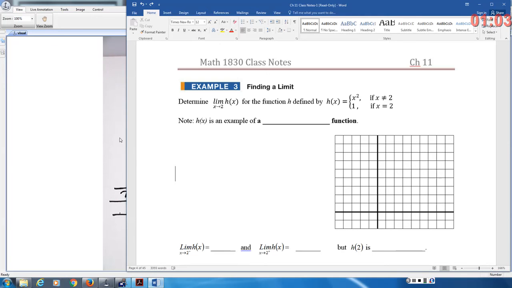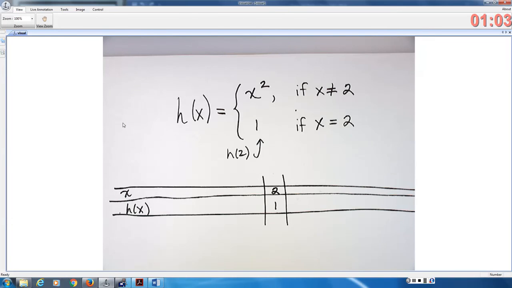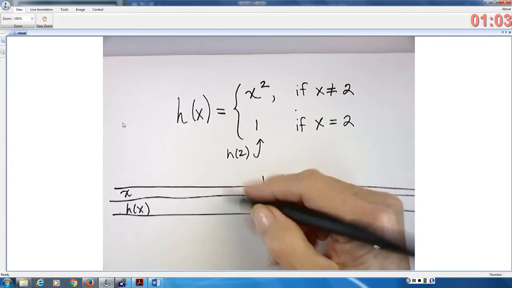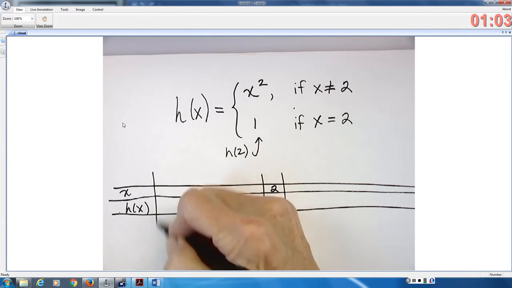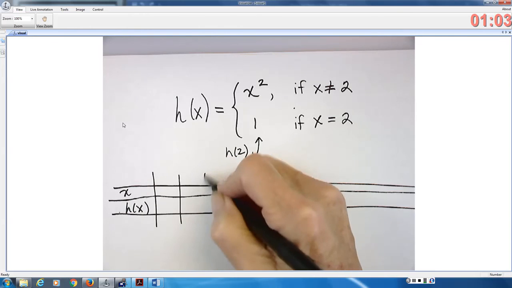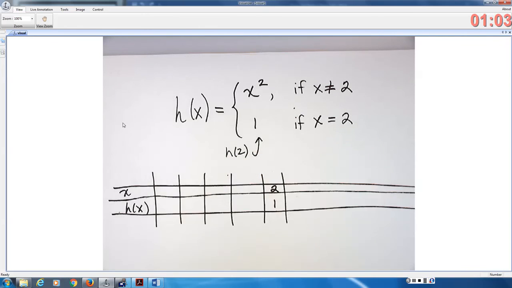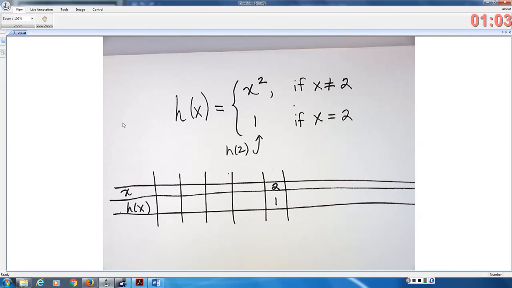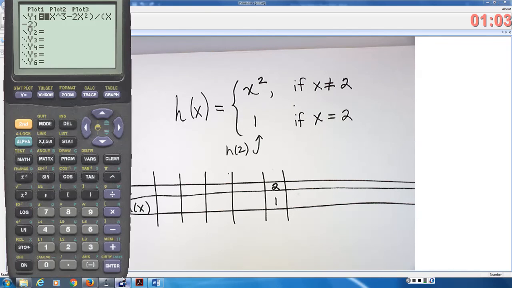Okay? So what happens as I take x and I get closer and closer and closer to 2? Well, it's exactly the same thing that happened on the calculator before. That didn't change because that's following the rule this way.